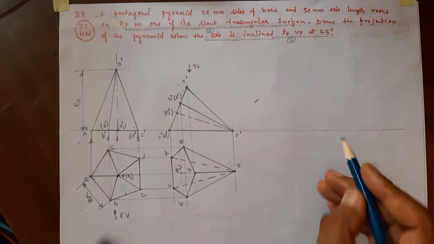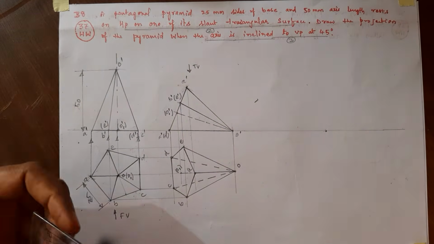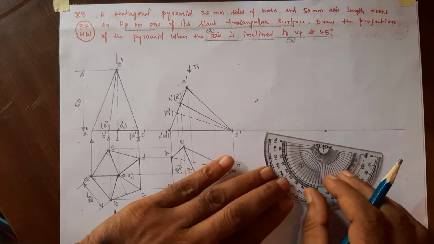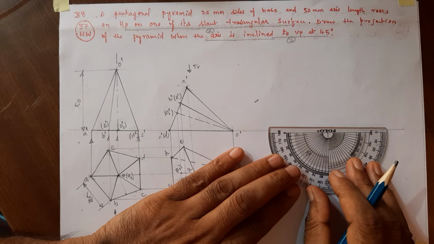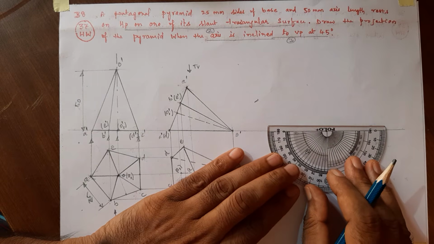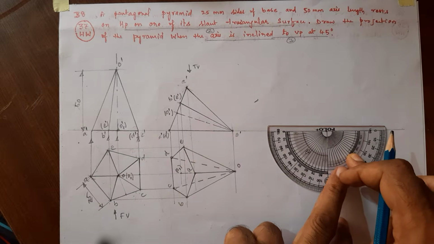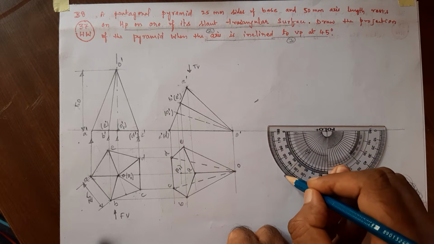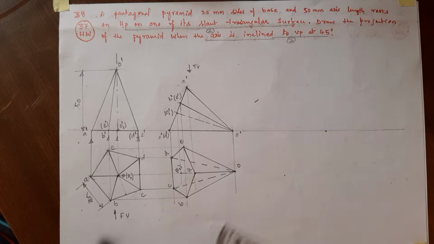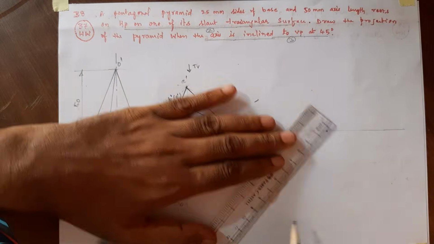Now mark the point there and keep the protractor at that point. Measure 45 degree in anti-clockwise direction. Now join that point to the point on the XY line.